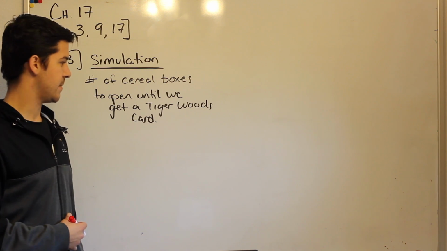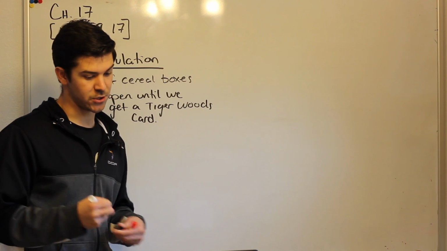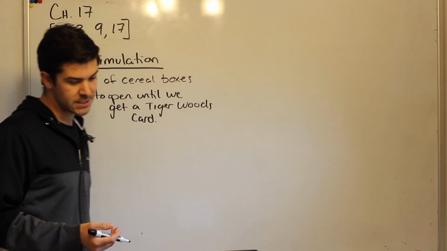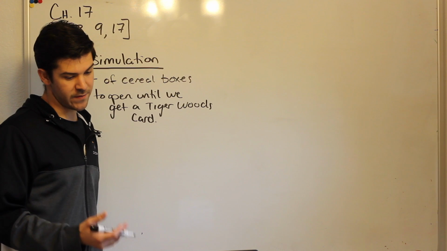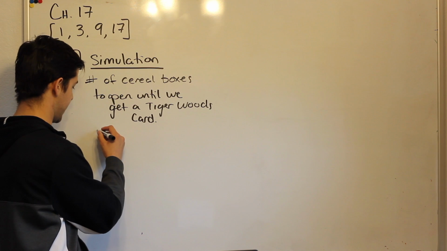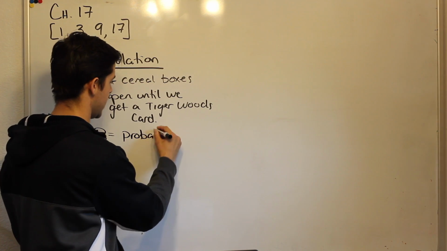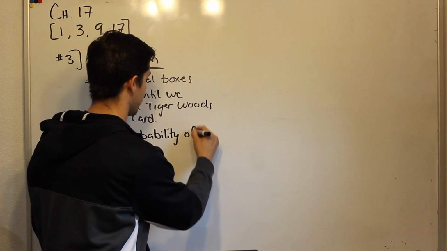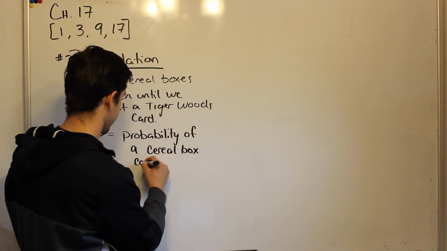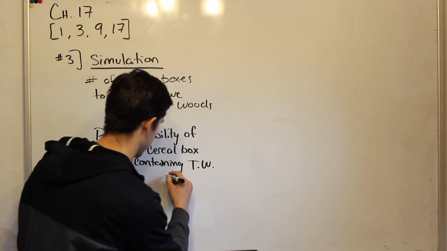To initiate this problem, however, Part A asks us to describe how you would simulate the search for Tiger Woods using random numbers. In this problem, it states that the probability of us pulling a Tiger Woods card is 20%. It's in 20% of the boxes. So P is going to equal the probability of a cereal box containing a TW, Tiger Woods card.